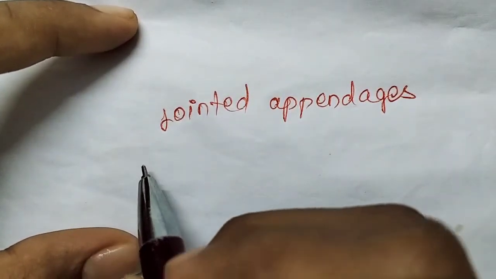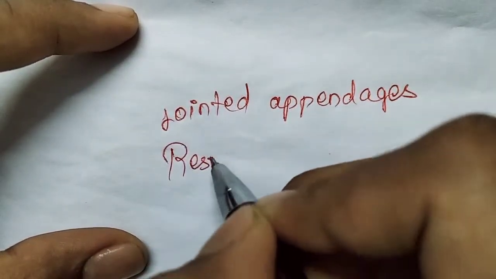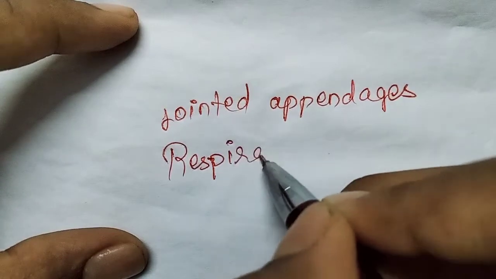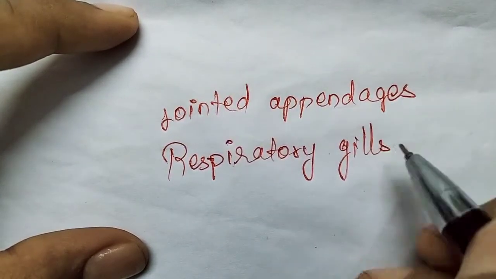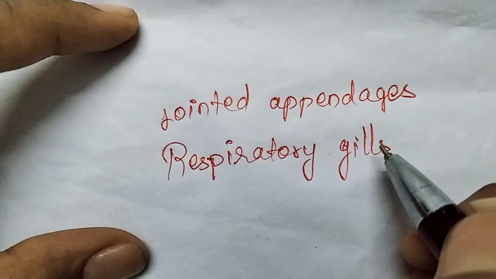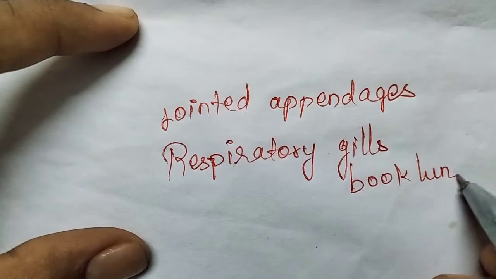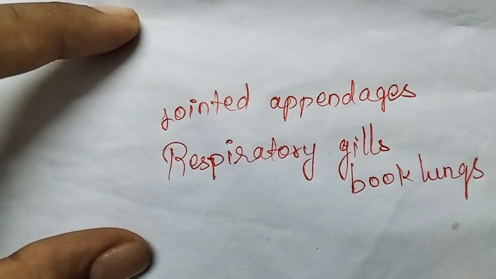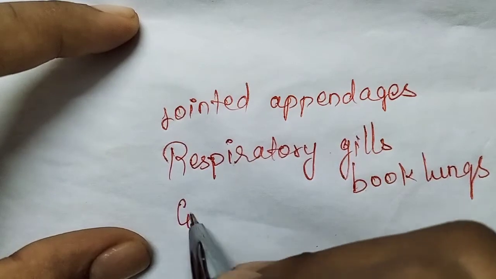And the respiratory system within them is complex. They have gills if they are aquatic forms, and book lungs or book gills if they are terrestrial. And an important thing is the circulatory system.